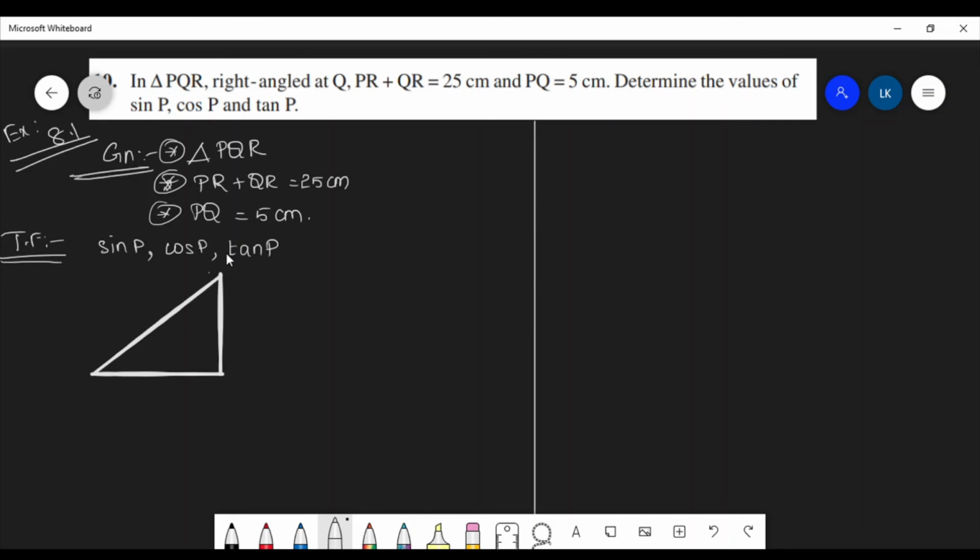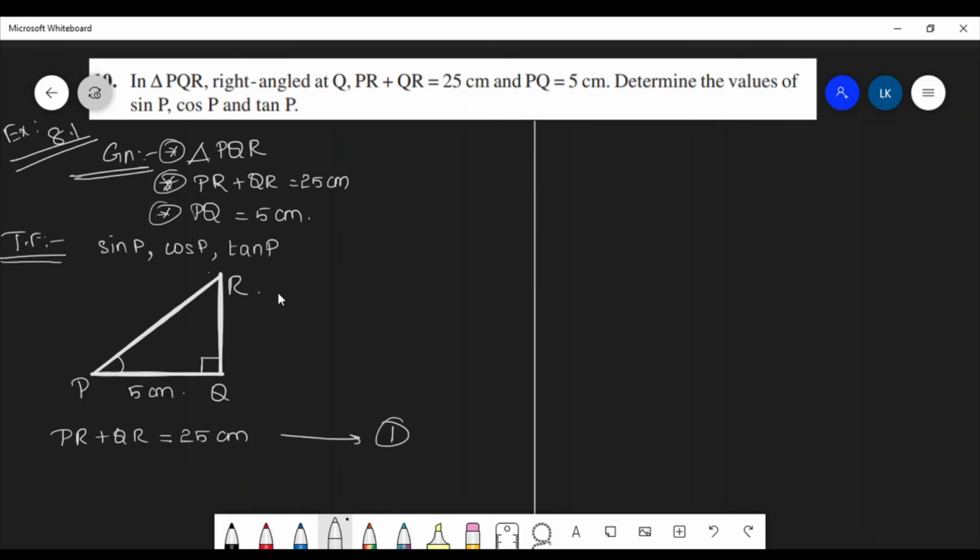Now it is given a right angle triangle PQR, and it is right angled at Q. PQ value is 5 cm. And another thing given in the question is PR plus QR is equal to 25 centimeter.